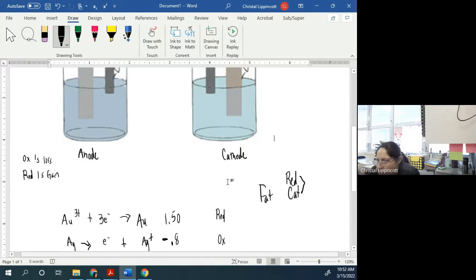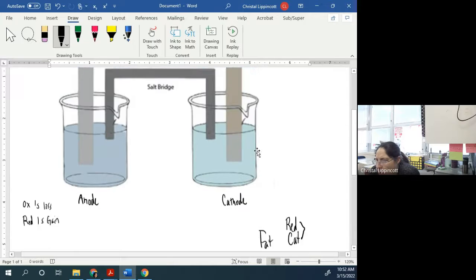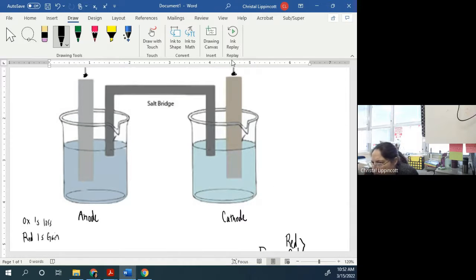So that means that I'm going to have gold over here. So this right here is going to be gold. No, that's just gold. Hold on. That's just gold. Yep. So this is gold.